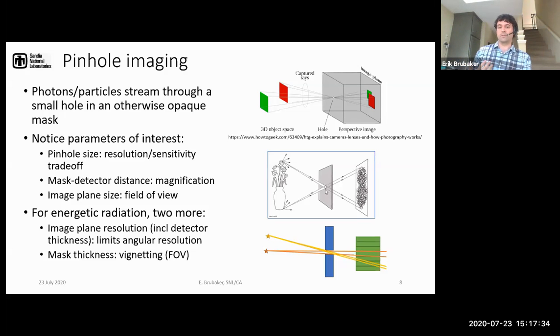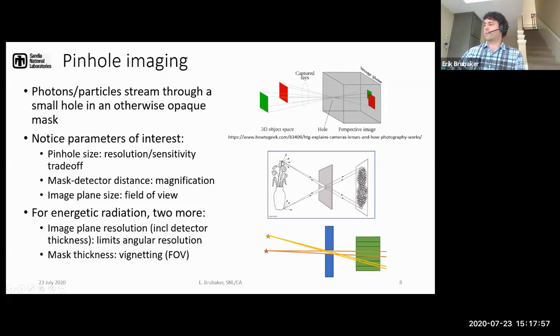And so the sensitivity is low. You need a long time to collect enough events or particles on the rear plane to reconstruct the scene. So there's some trade-off here. As you make the pinhole larger, you allow more particles through, and so you have higher sensitivity. You make an image more quickly.